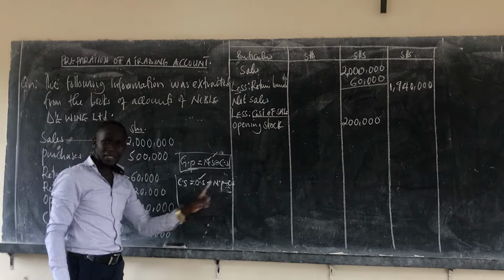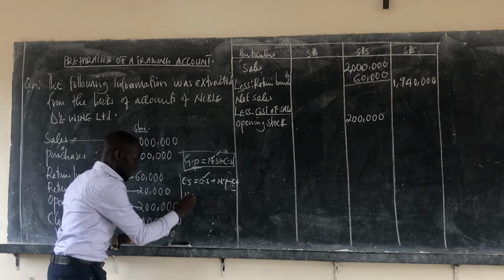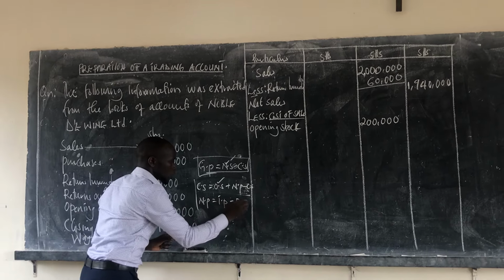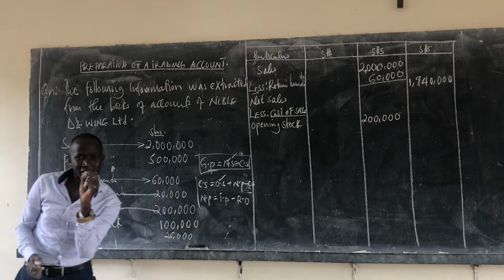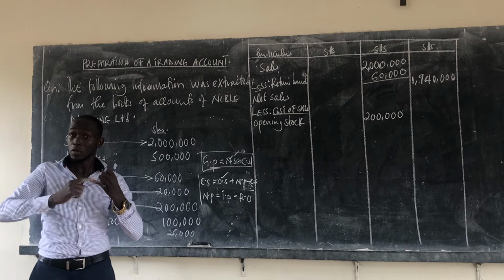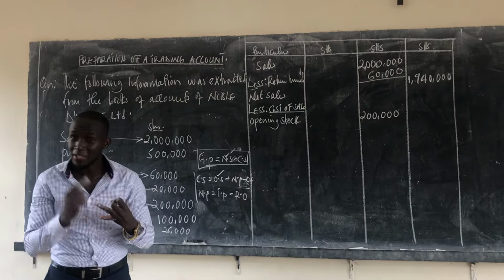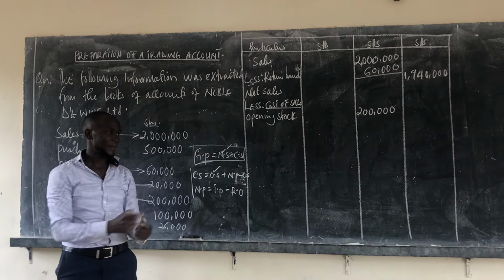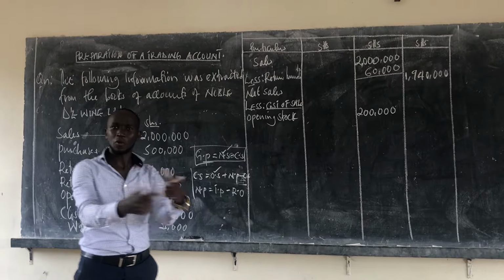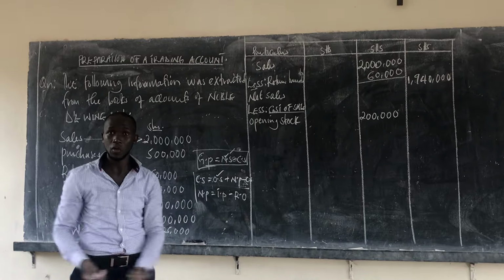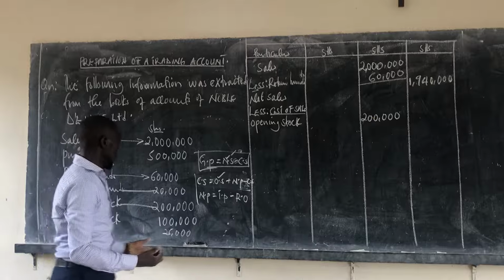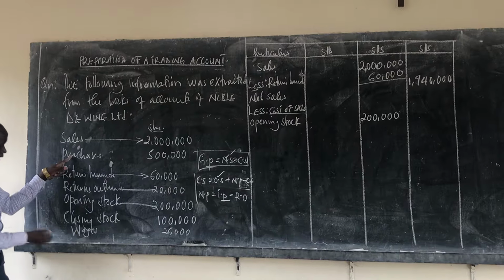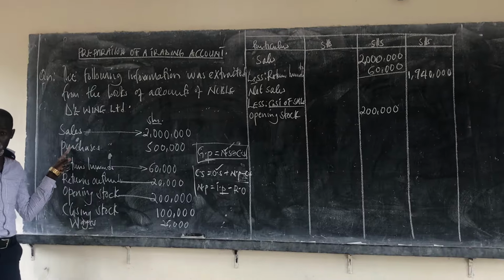However, we know that net purchases are equivalent to total purchases minus returns outwards. Of the total purchases, if you can remember, we have purchases themselves, we add carriage inwards, the transport you incur, then the wages, that payment you make for the piece of work done as you're moving these items to your destination of the business. So in that sense, we get the total purchases. Here we have the purchases and we have wages. Take note of this.